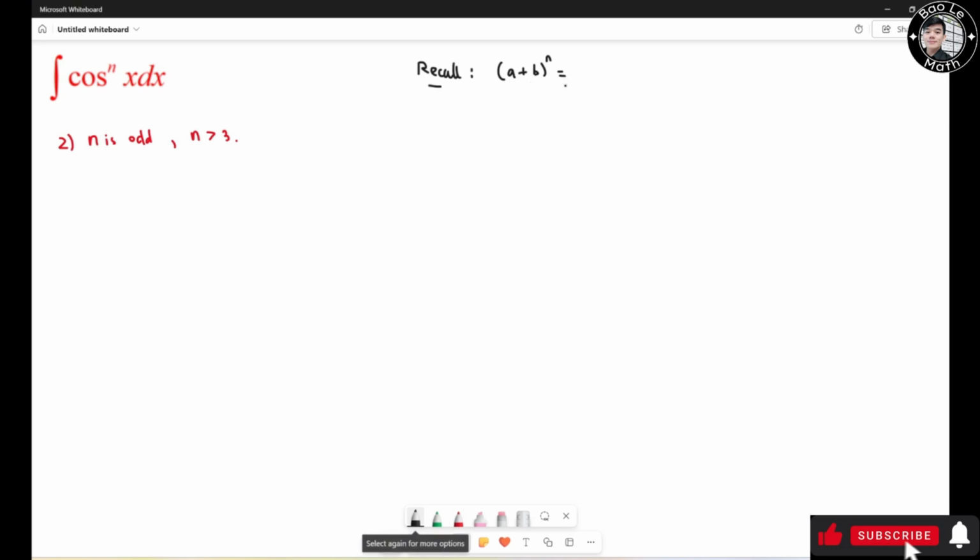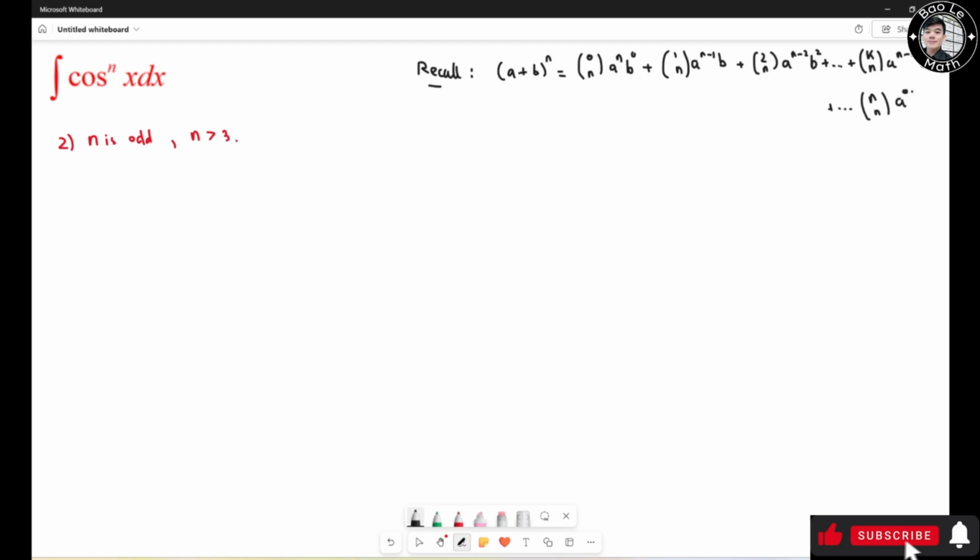So this turns out to be the combination of n and 0, a to the n, b to the 0, plus the combination of n and 1, a to the n minus 1, b to the first, plus the combination of n and 2, a to the n minus 2, b squared, plus etc. The general term is going to be the combination of n and k, a to the n minus k, b to the k, and the last term is going to be the combination of n and n, a to the 0, b to the n.